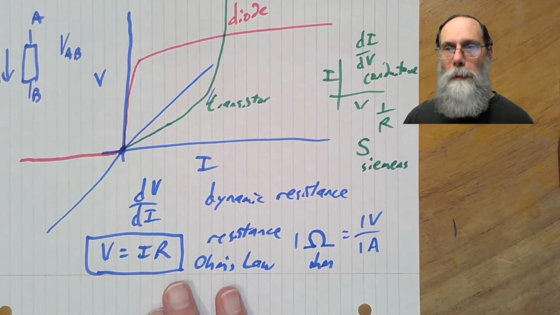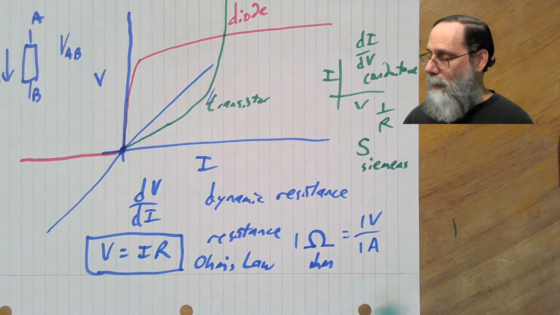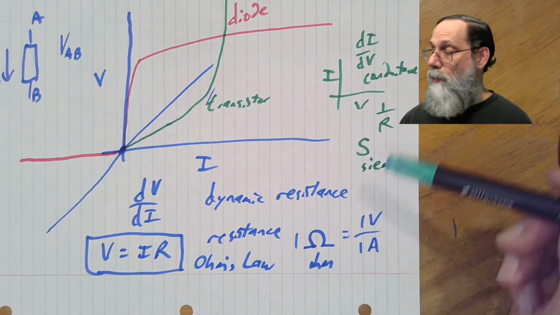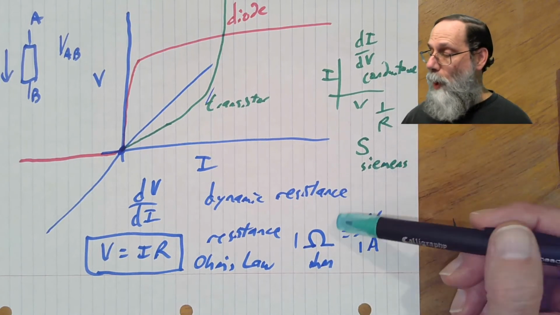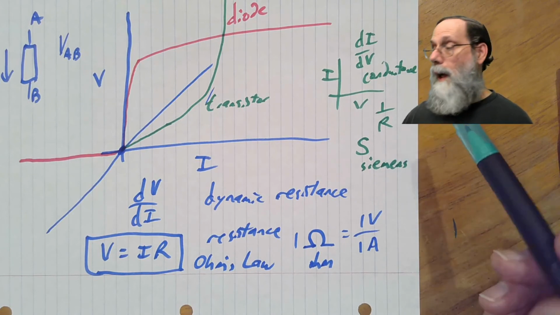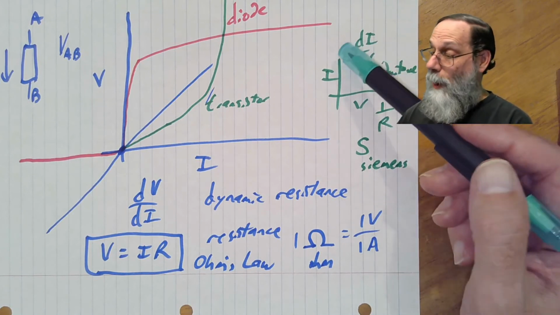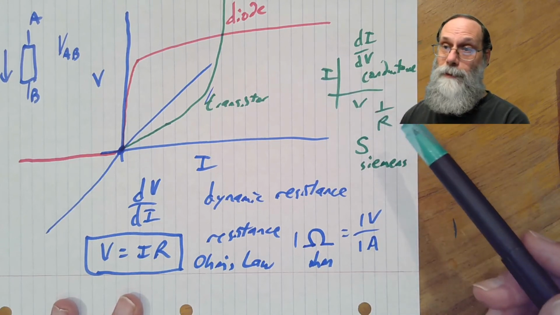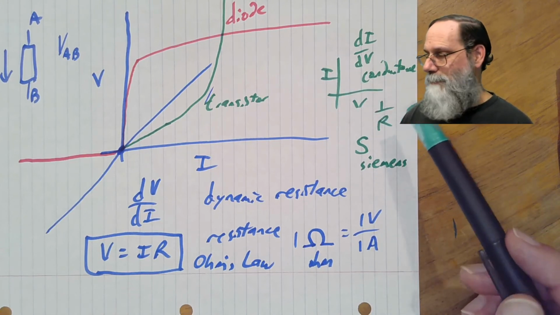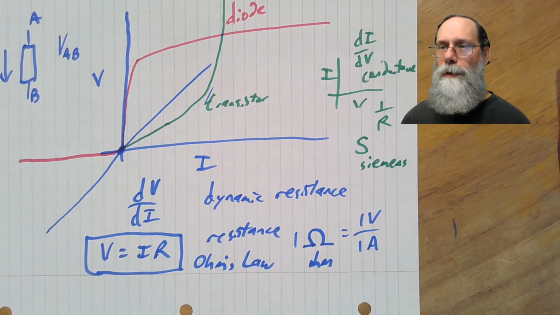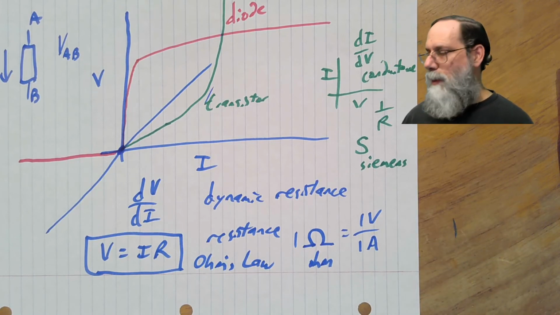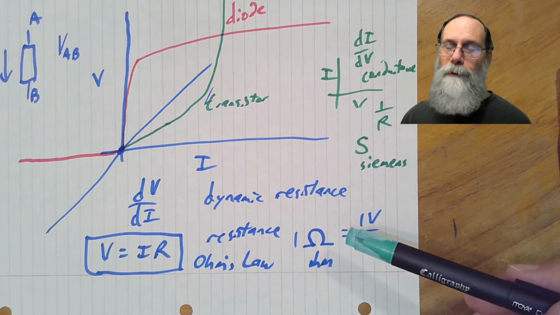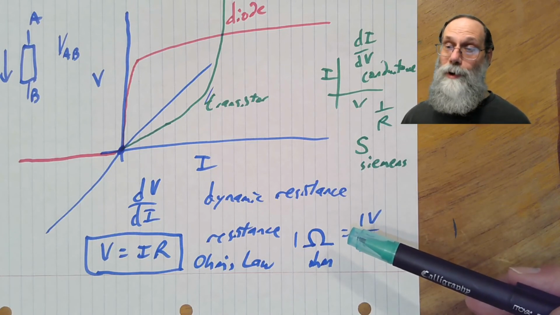We will be, for the most part in this class, working with resistance rather than conductance, and working with ohms rather than Siemens. But despite that, we're often going to be plotting our characteristic functions for components as I versus V plots. They're more traditional, and they're a little bit easier to think about sometimes, because the way we create these plots usually is to put a voltage across a component and measure the current.